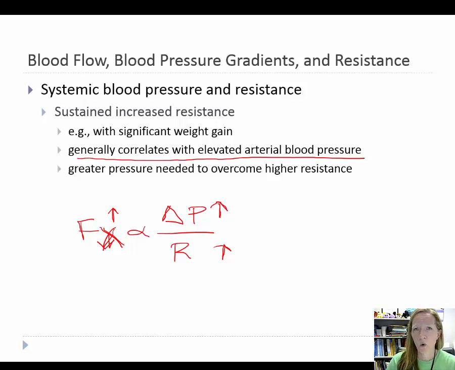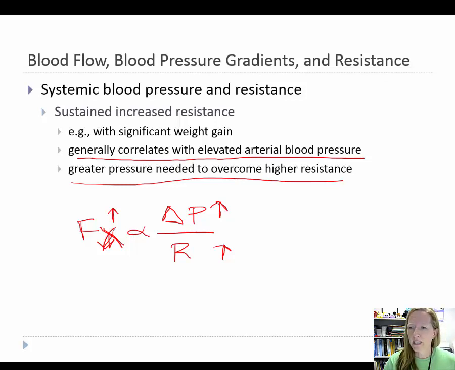An individual that is blood doping might find their blood pressure increasing as well because of it. So it's creating this greater pressure to try to overcome this resistance to make sure that blood flow stays like it needs to. So that's why you'll find an increase in pressure in some of those situations.